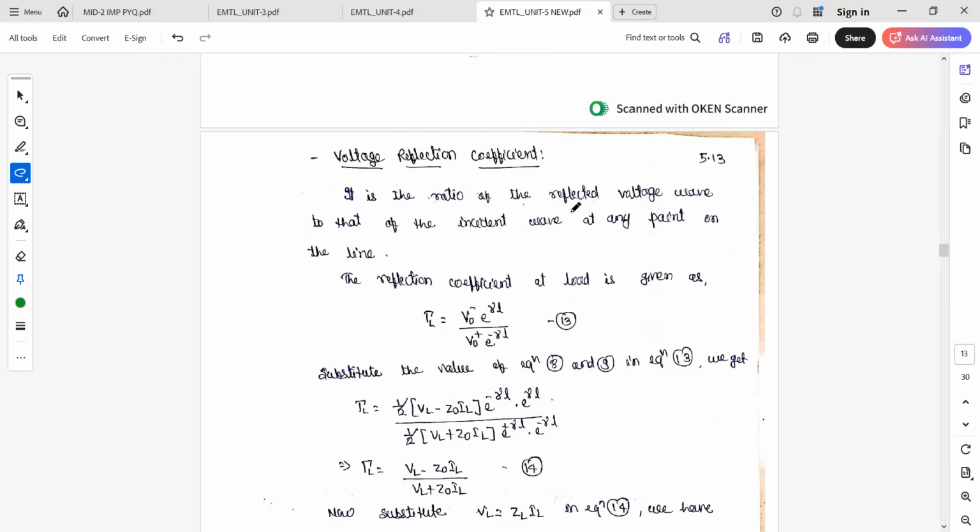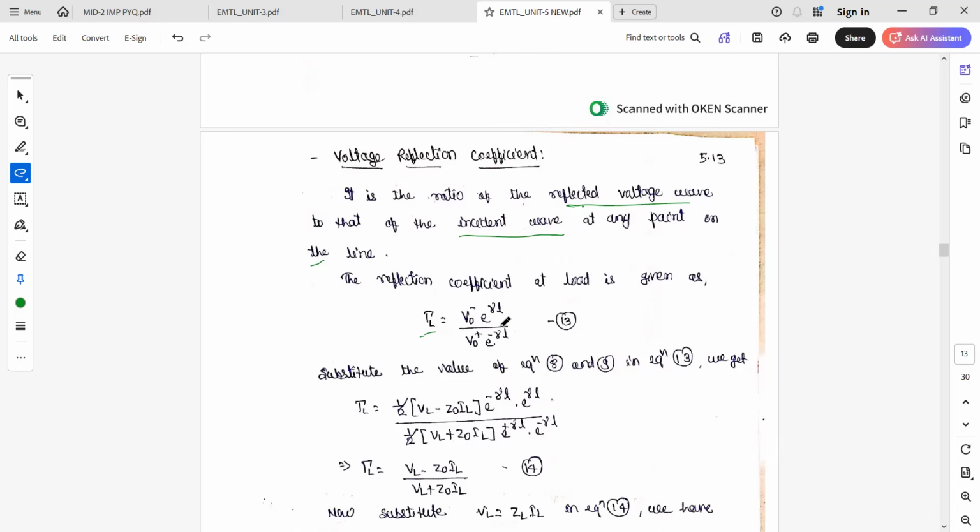It is the ratio of the reflected voltage wave to the incident wave at any point on the line. The reflection coefficient at the load we are trying to define, so gamma suffix L for the load, and capital gamma is for the reflection coefficient.